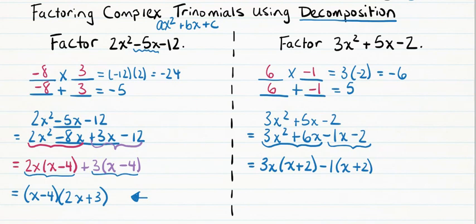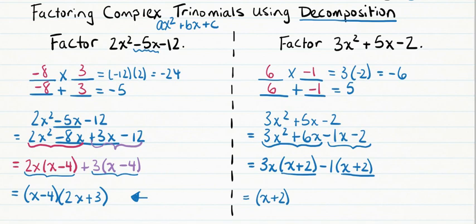Okay. So if you're using decomposition, when you get to this step, you always want there to be a matching binomial here. In this case, the matching binomial is x plus 2. That matching binomial means I can take it out as a common factor between these two remaining terms.